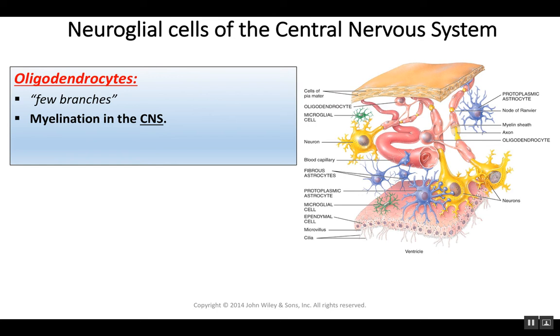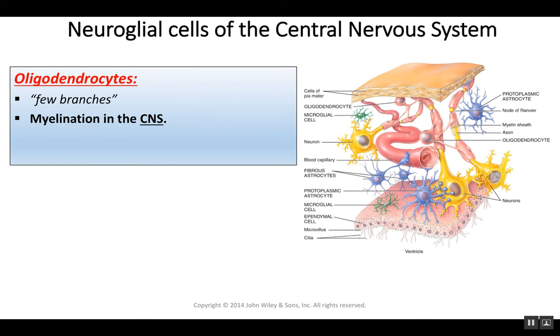And what happens is if you have a myelinated neuron, that neuron transmits its nerve impulses much faster than an unmyelinated neuron. So if we need this neuron to transmit information very quickly from point A to point B, there's a good chance it's a myelinated neuron.